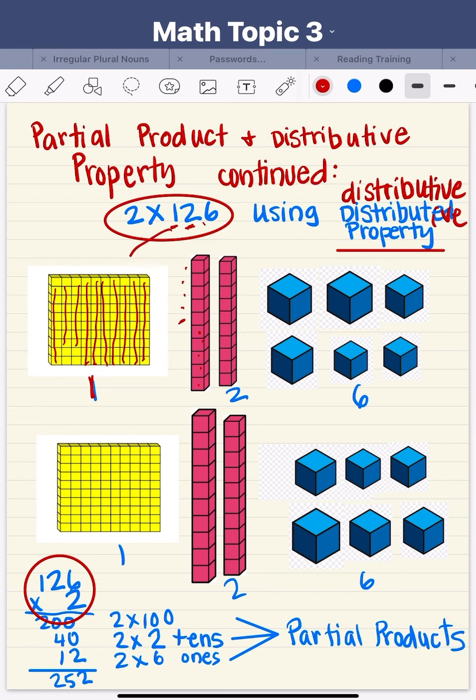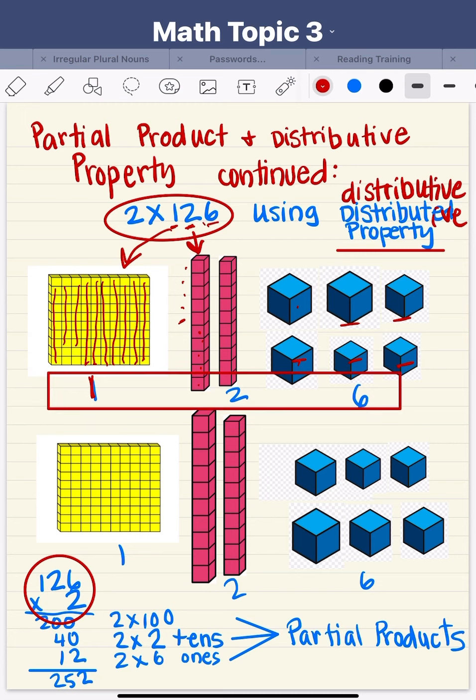So we got 100 here, 2 tens there. That gives us 20. And then how many ones? 6. 1, 2, 3, 4, 5, 6. So 126. This is a partial product, okay?